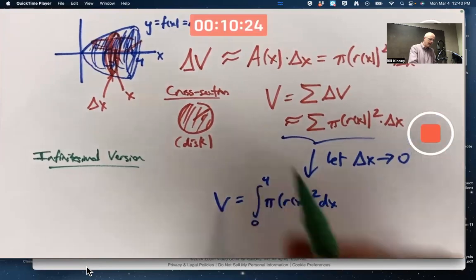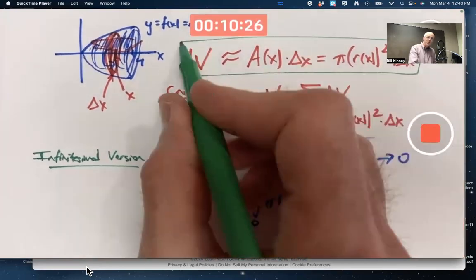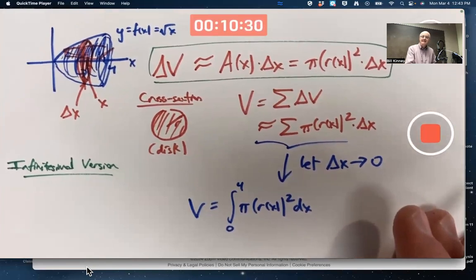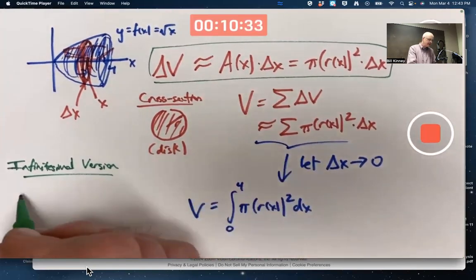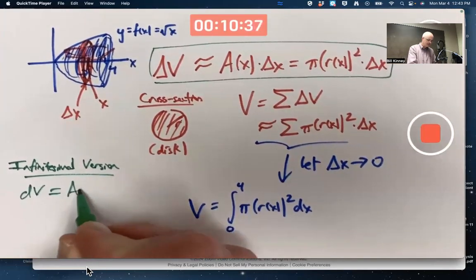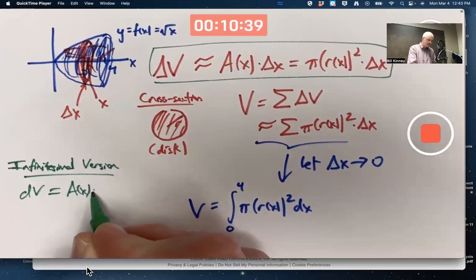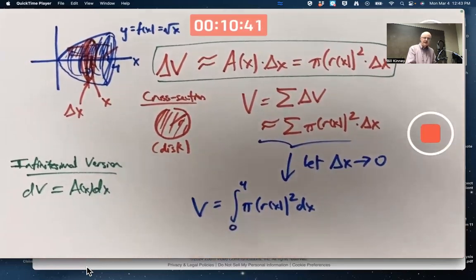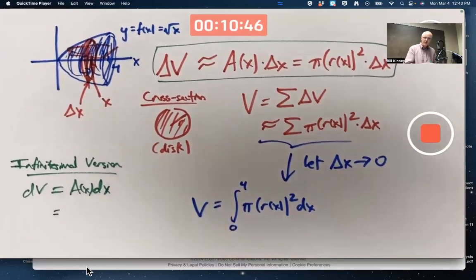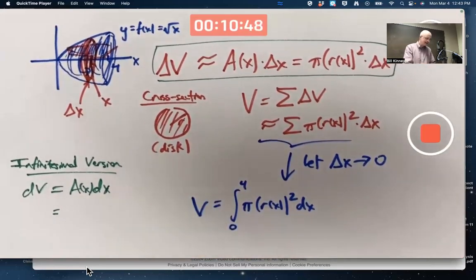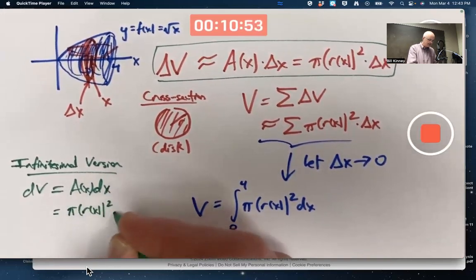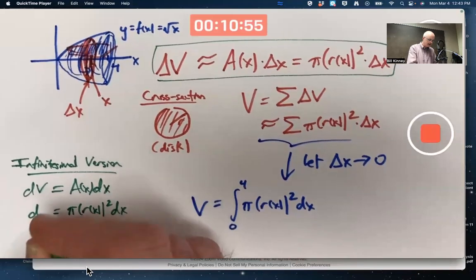Go back up to this approximate equation, change all the deltas to d's, and change the approximately equal to an exactly equal to. dV could be thought of as A of x dx. And for a volume of revolution like this, where the cross-section is a disk, A of x is pi times r of x squared. So you could also say dV equals that.